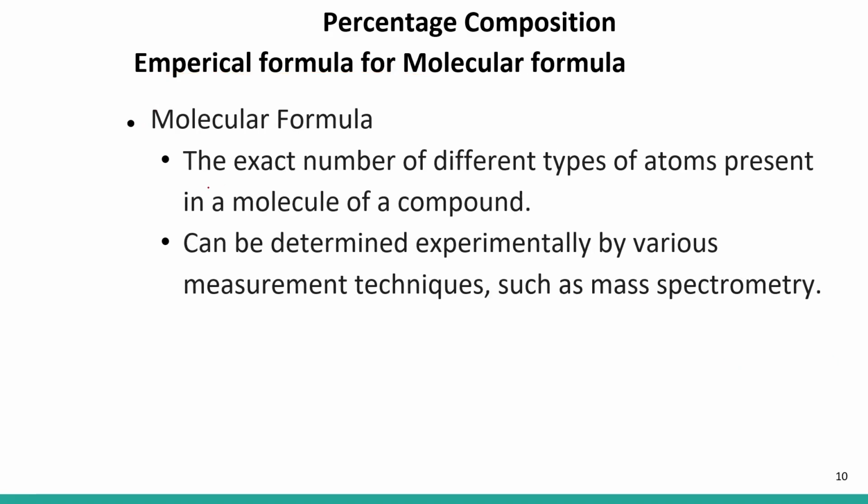Okay. Then next we will move to the molecular formula. Molecular formula, we have discussed it earlier also. So it is the actual formula and represents the actual molecule we are discussing. So the molecular formula for hydrogen peroxide will be H2O2, and its empirical formula will be HO.